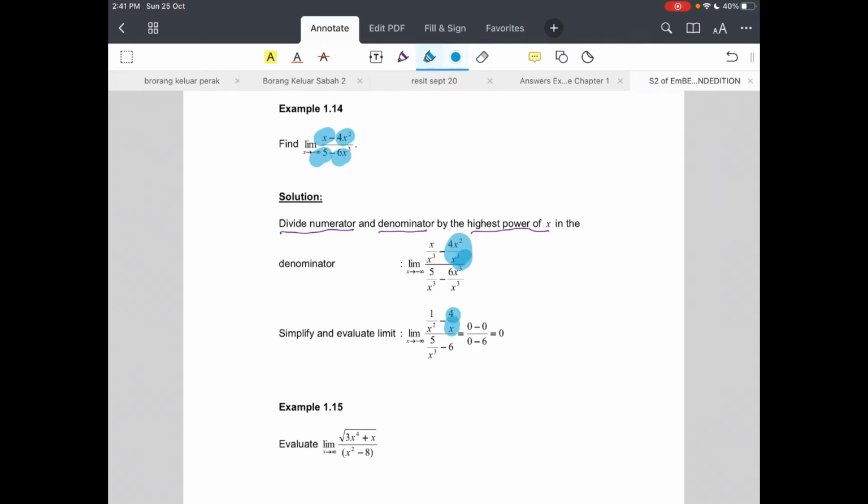For the rest, we will have 1 over x squared for this one, and only then can you plug in the infinity value. We know that 1 over infinity is 0 for this one, so we got 0. 4 over infinity is also 0. This is infinity squared. What's left is only 0 over minus 6, so your final answer is 0 as well.